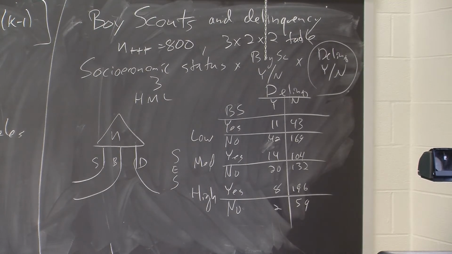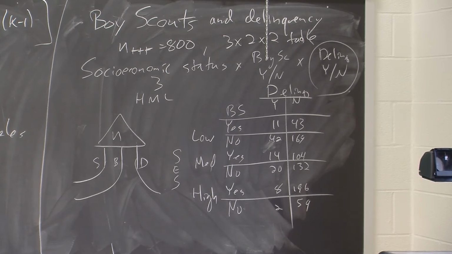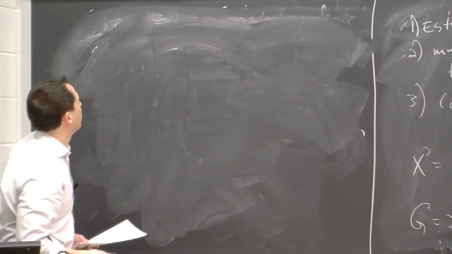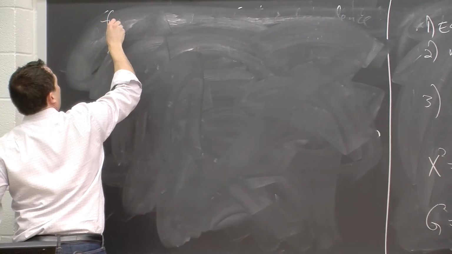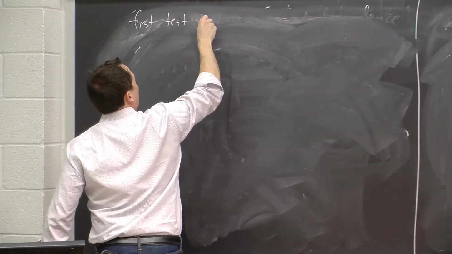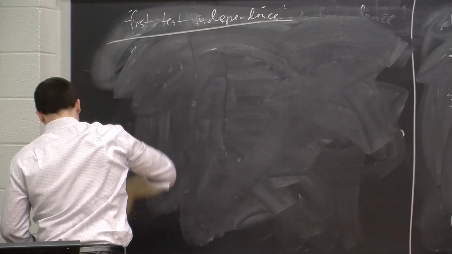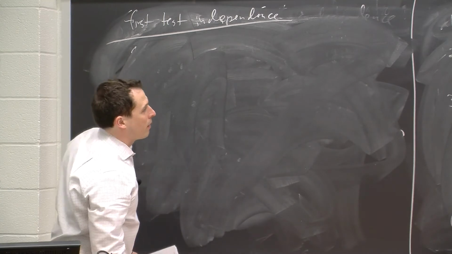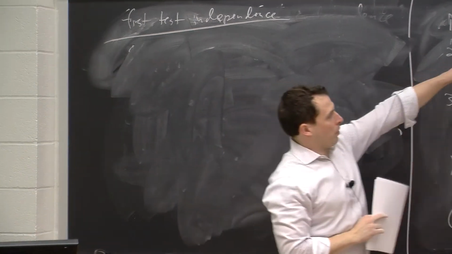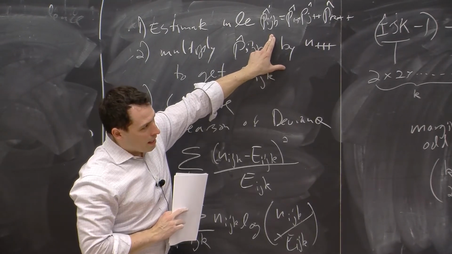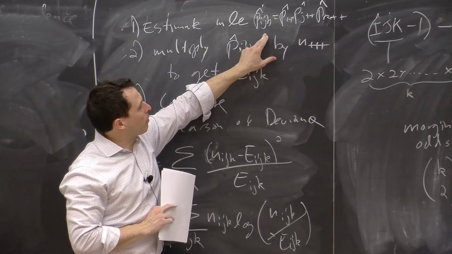The first thing we could do is perform this skipping test that goes right from independence all the way up to saturated and doesn't attempt any of the intermediate models. If we do want to do a test for independence, we compute our maximum likelihood estimate by taking the marginals: the SES marginals, the Boy Scout marginal, the delinquency marginals.